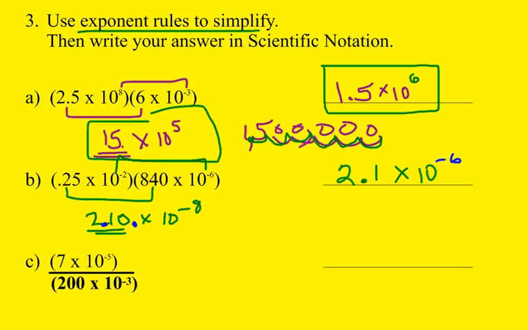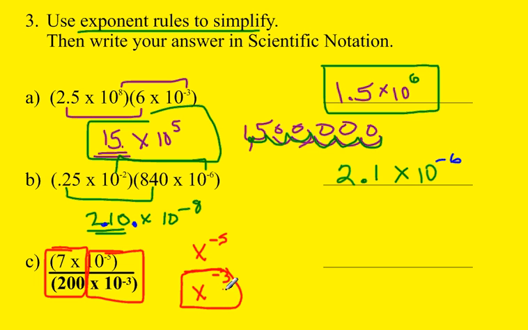And the last one. Okay, this looks kind of scary probably, but all it is, take your calculator, or if it's not on a calculator part, you just have to do this longhand, and divide the numbers, and then use the exponent rules for the powers of 10. Just as if it were x to the negative 5th over x to the negative 3rd. And in scientific notation, they just want you to move everything up to the top, whether it's positive or negative.